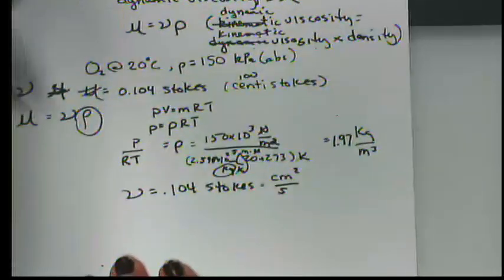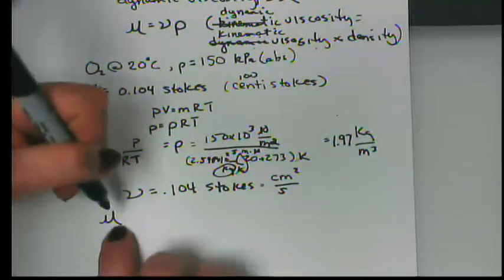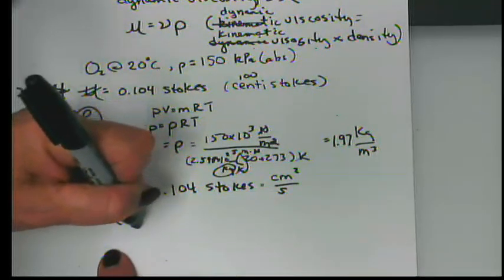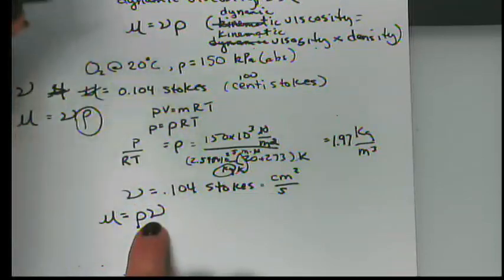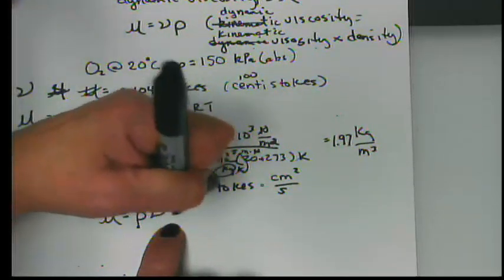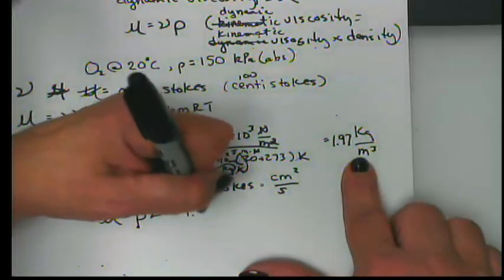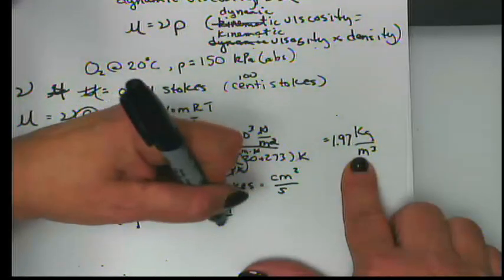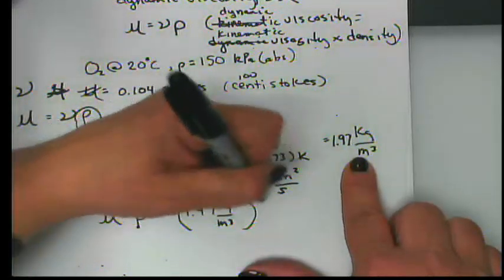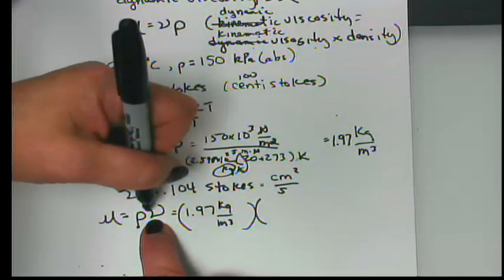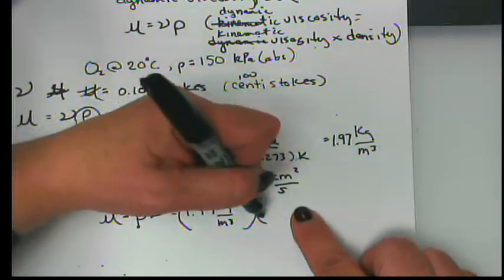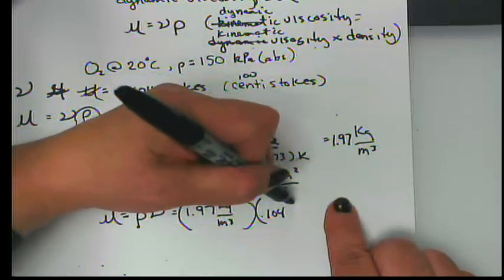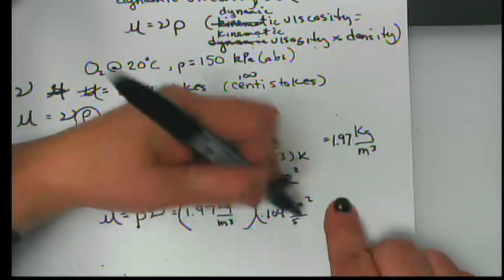So using our equation then, we know that mu is equal to density times nu, and we know that our value of density is 1.97 kilogram per meter cubed, and our value of kinematic viscosity is 0.104 centimeters squared per second.